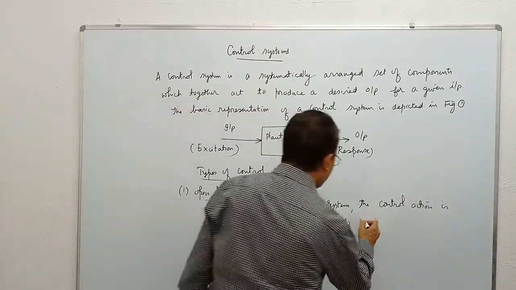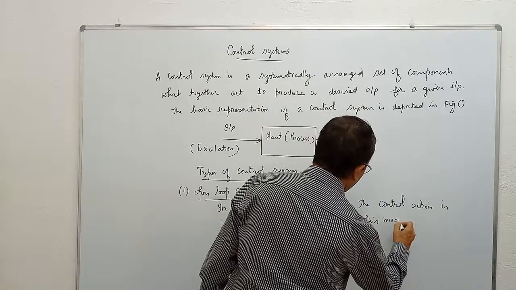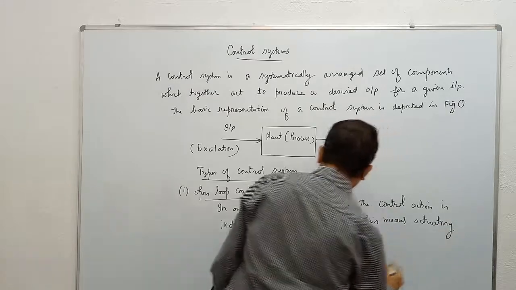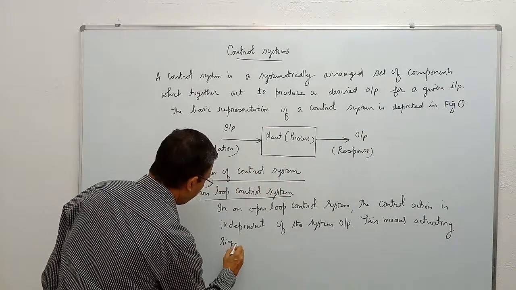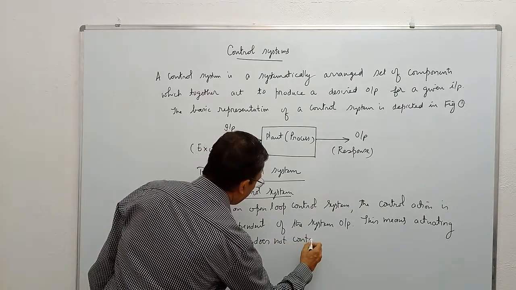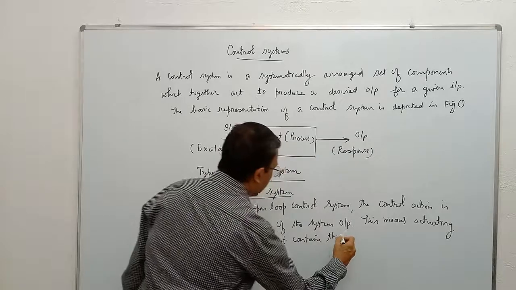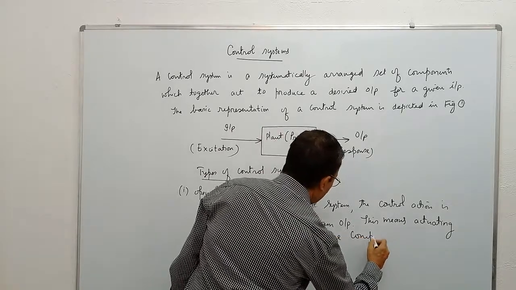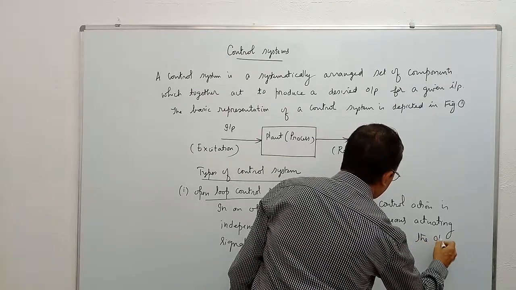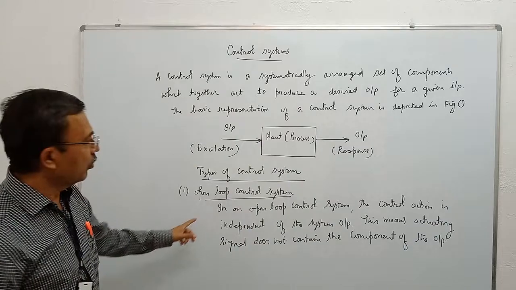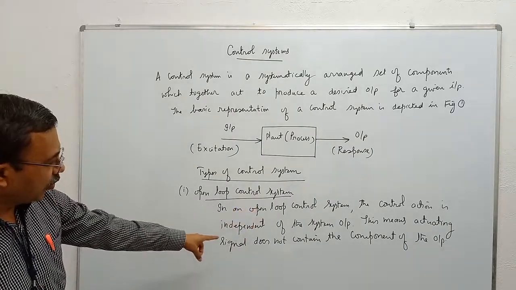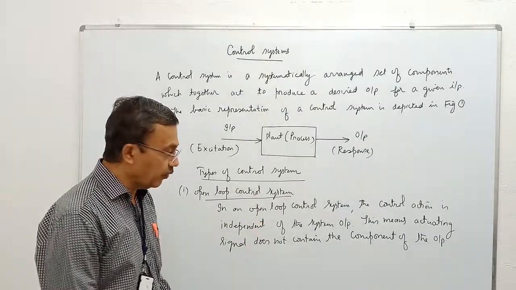This means the actuating signal does not contain the component of the output. In an open loop control system, the control action is independent of the system output. This means the actuating signal does not contain the component of the output.